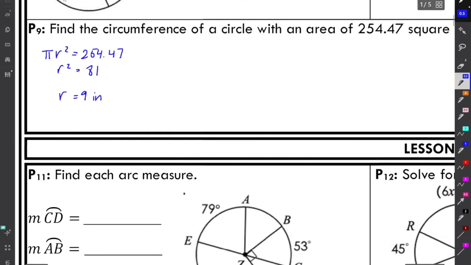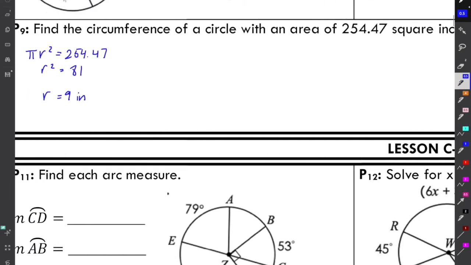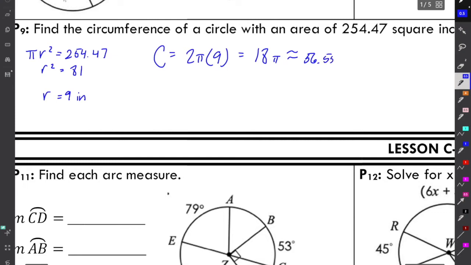Now we plug this 9 in for r in the circumference formula. So C equals 2 pi times 9, which of course is 18 pi in terms of pi, which approximates to 56.55 inches. That's our answer for circumference.